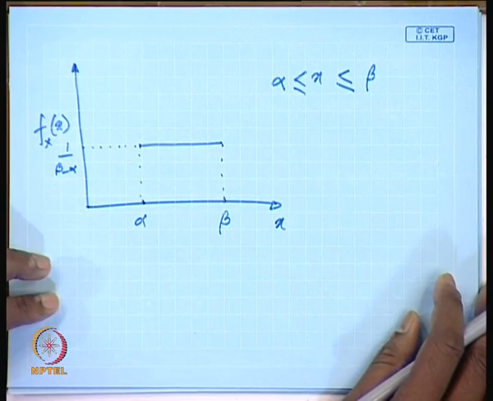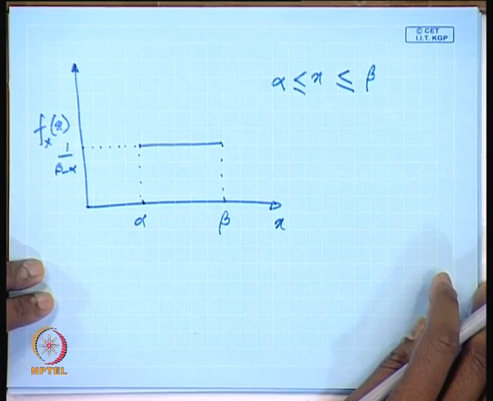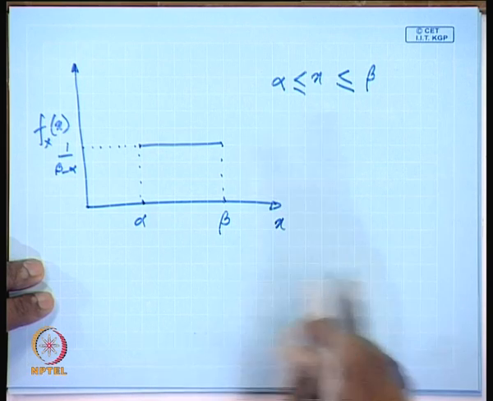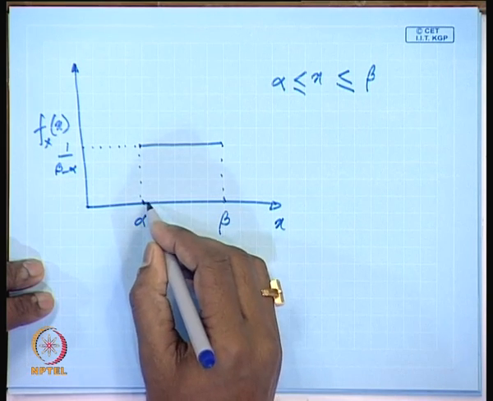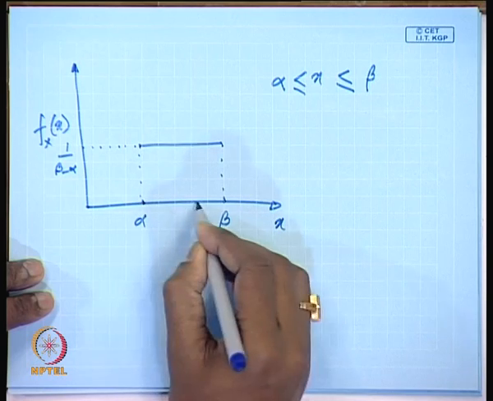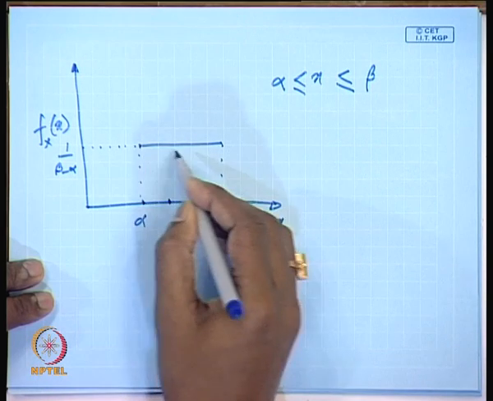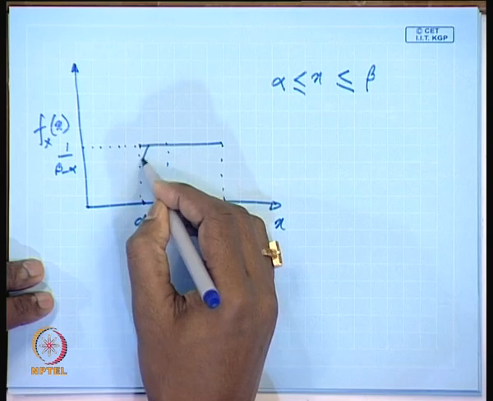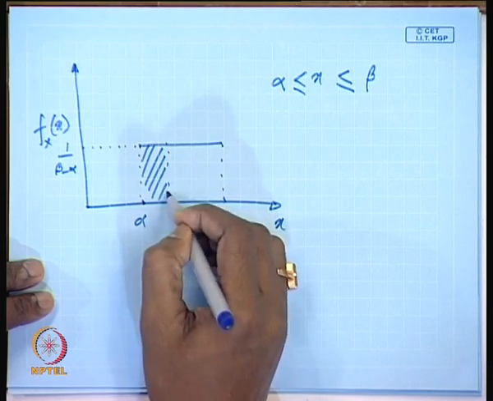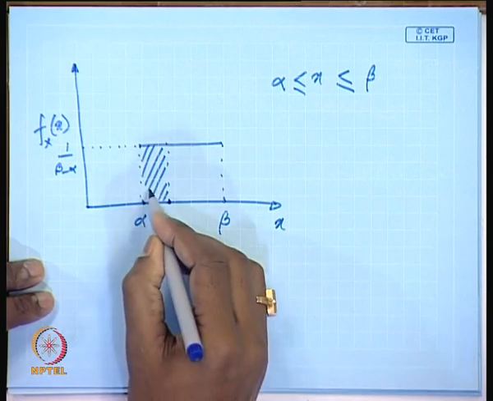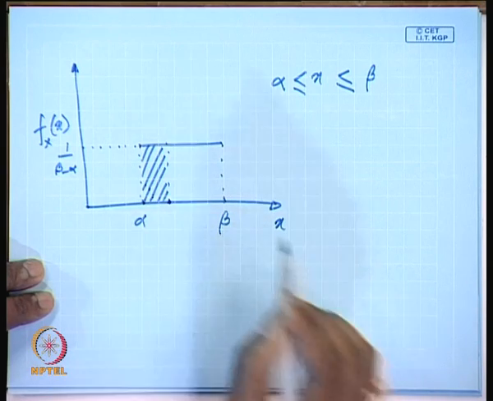Now when we are talking about its cumulative distribution, for any value within this range up to x, we have to calculate the total area up to that point, as we have seen in the earlier description for the CDF.